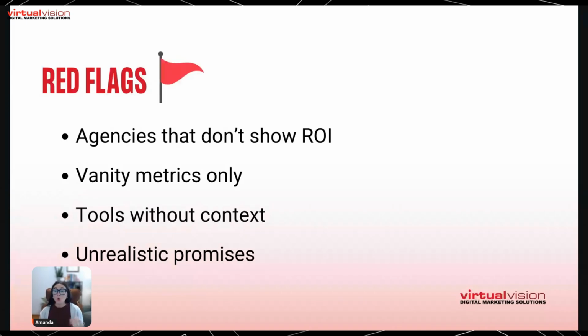If you are only looking at vanity metrics, traffic, just general things, here's impressions. We need to know more than that to understand why things might need to be re-strategized or where we need to have adjustment. If you're given tools, but you're not given any context to audit your marketing, that's a red flag. What should this tool be telling me, and how is this helpful for me to make a data-driven decision?